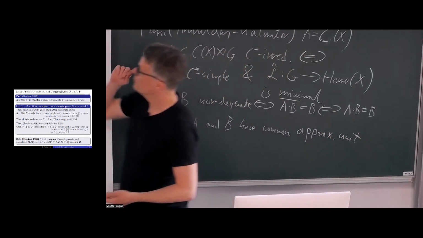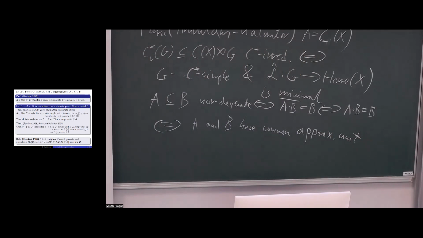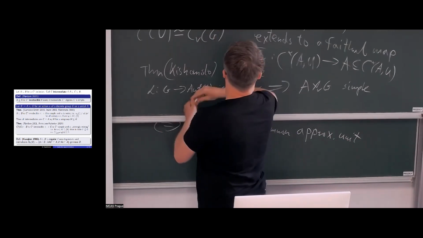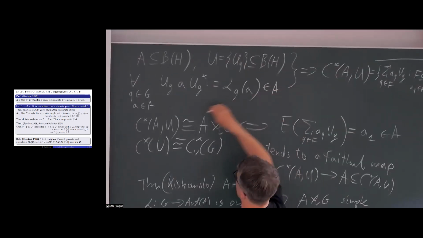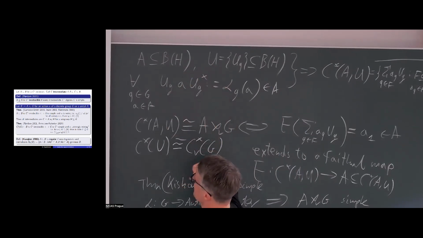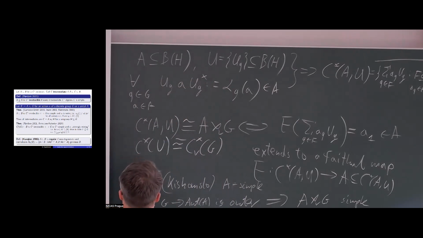Okay, so if you look at these examples, you immediately see that the first inclusion is regular. Why? Because of this relation. You see that all these U's are normalizers. Moreover, A is always a normalizer, so this is trivial for any inclusion. And obviously, normalizers form a semigroup, so if you take a product of normalizers, you get a normalizer.